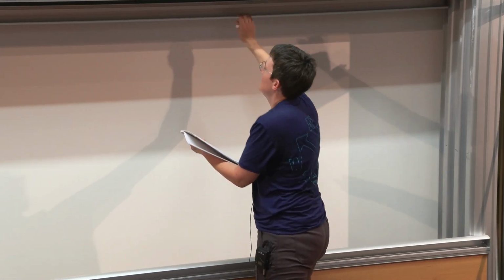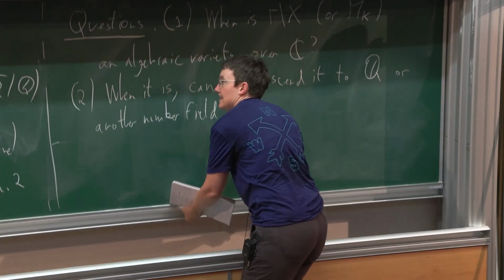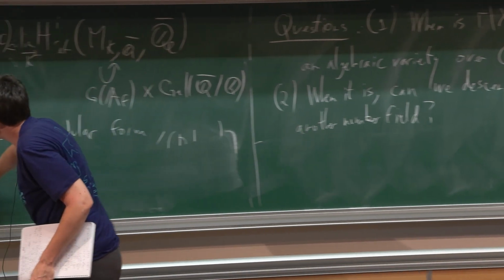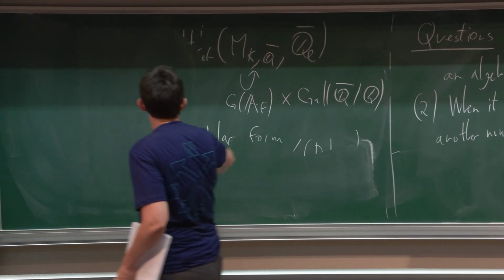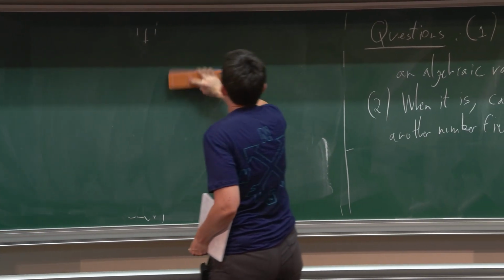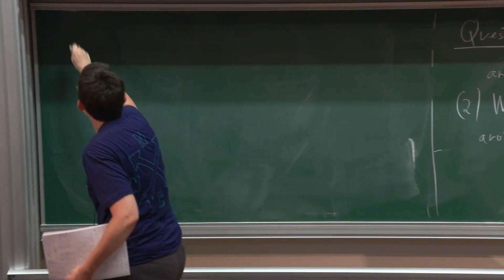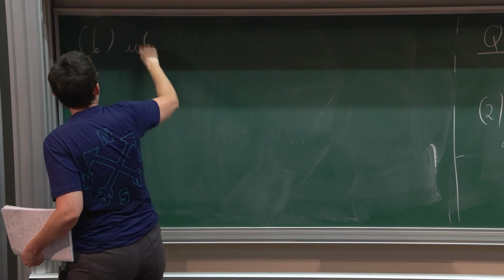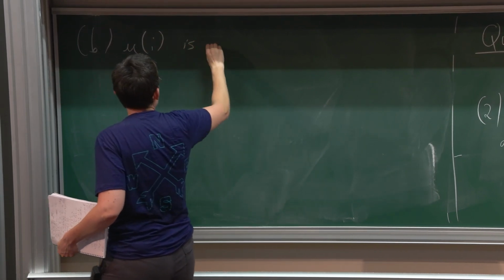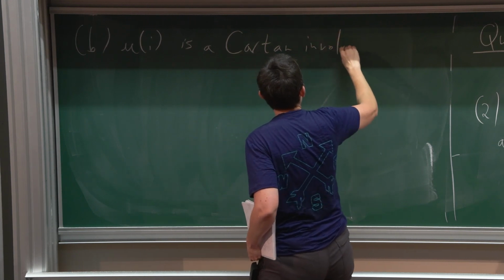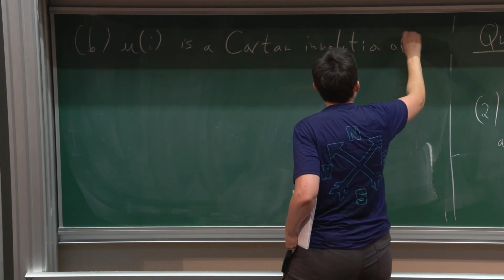And the second condition is that u of i is a Cartan involution of G of R.